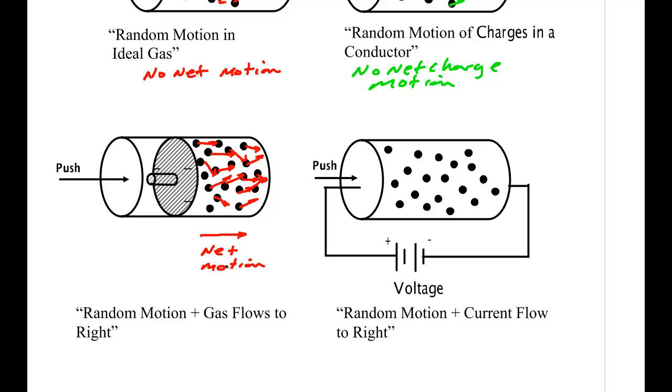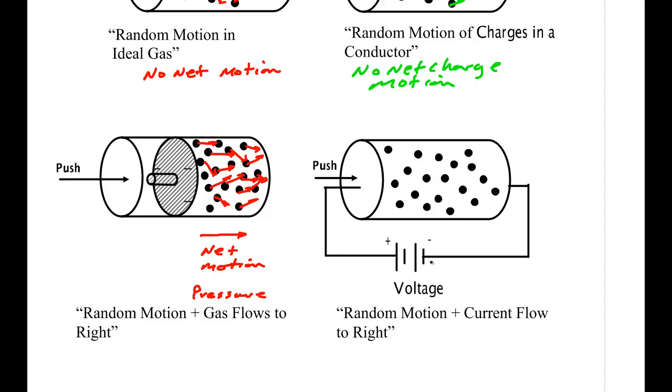So when we talk about the motion of the gas, we're talking about the part that's not random, that is the net effect when you sum everything up. And this is in the direction of pressure. So pressure is what causes the flow. The velocity or the movement of the gas is the flow.